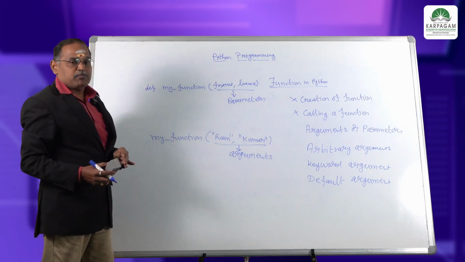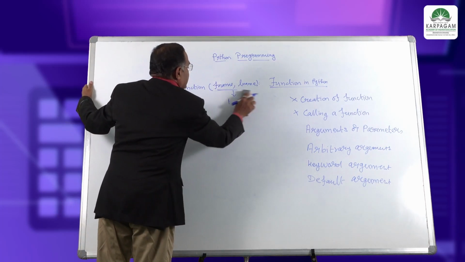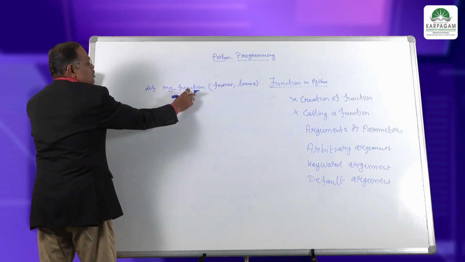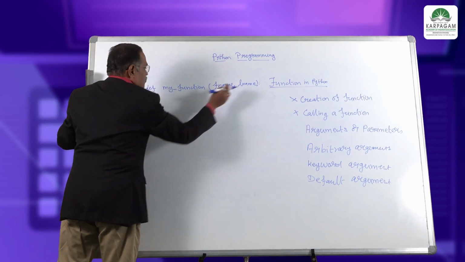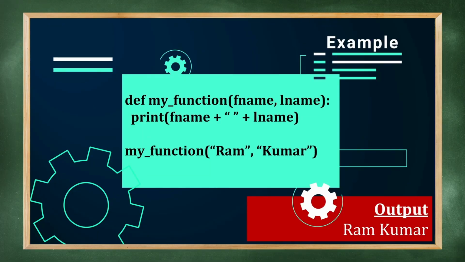Now we can see an example of how to pass an argument and how to write a parameter. Again the same, def my_function, first name and last name I am going to give. Here I am going to print, my name is, first name plus last name.